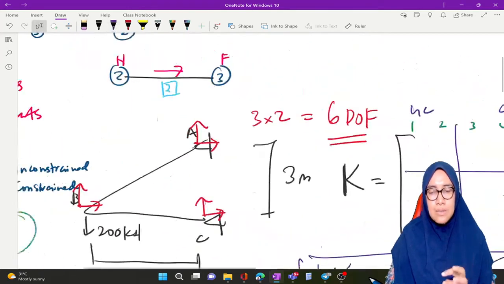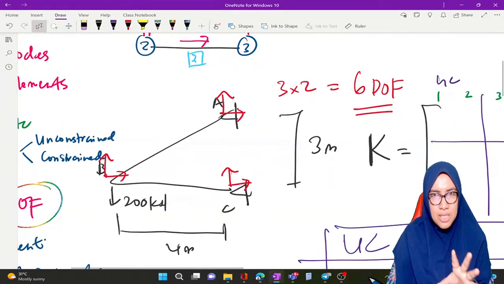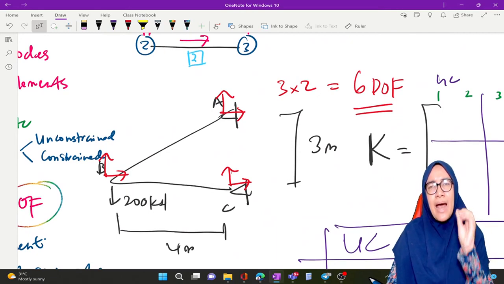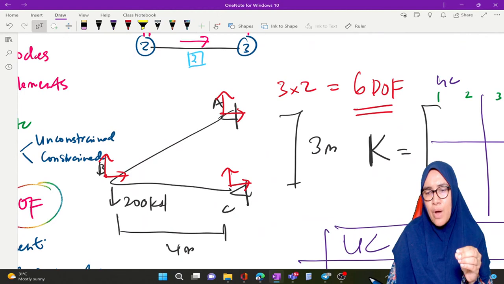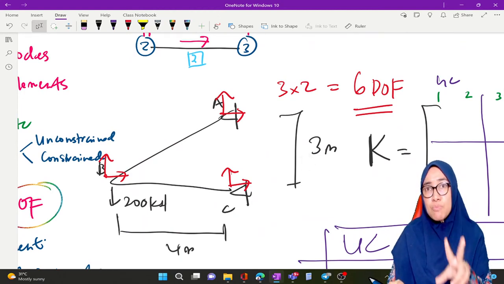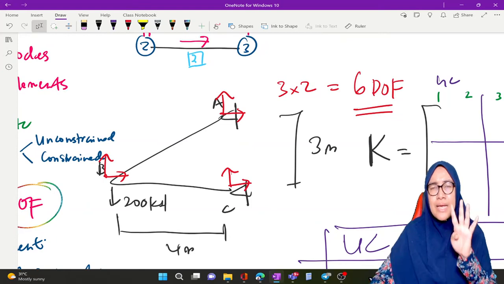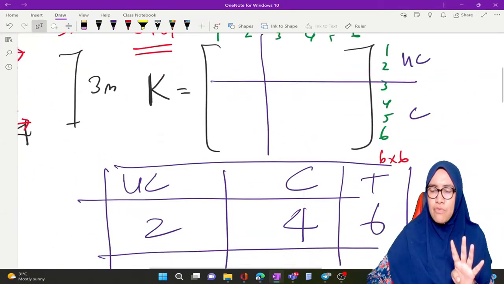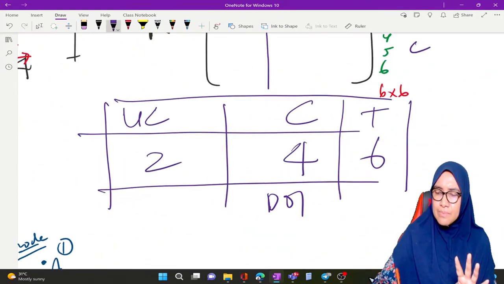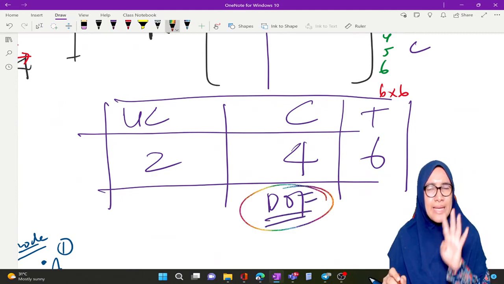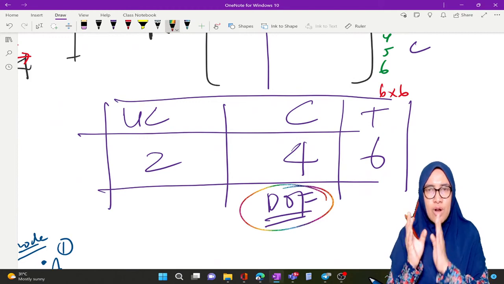Looking at the structure, look at the support and identify how many unknown reactions based on the support. Based on this truss, there are 2 pins, which means we have 4 unknown reactions, and 4 unknown reactions equal 4 degrees of freedom in the constrained system.